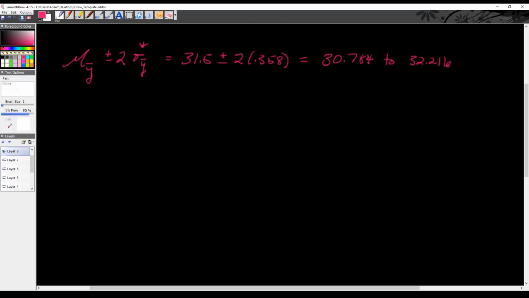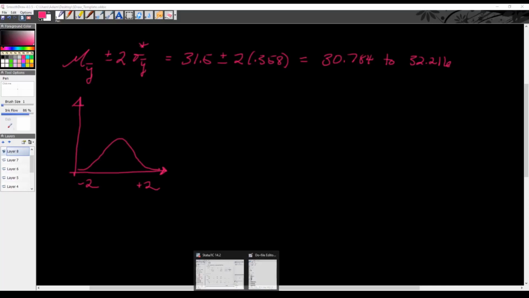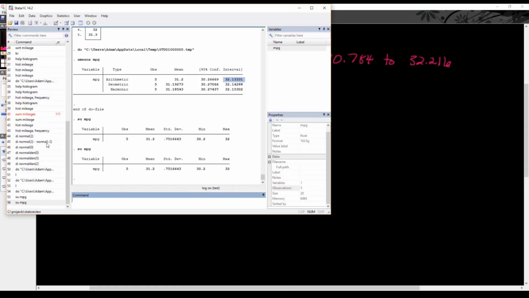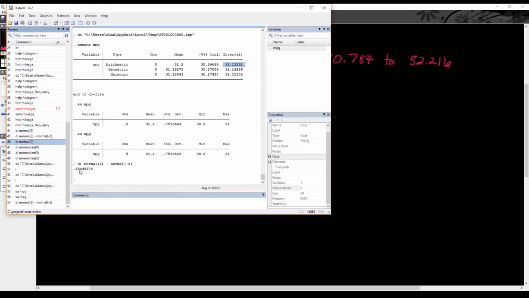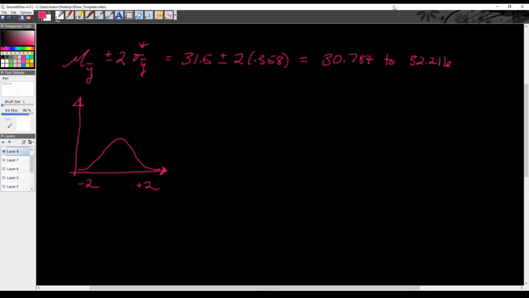Well, we know that under a standard normal distribution, we're not working with the t, we're working with the z value now, in between -2 and +2 standard deviations. Remember, we did that already. In between -2 and +2 standard deviations, we get 95.44% under the curve. The area between -2 and +2 is 95.44% under the curve.